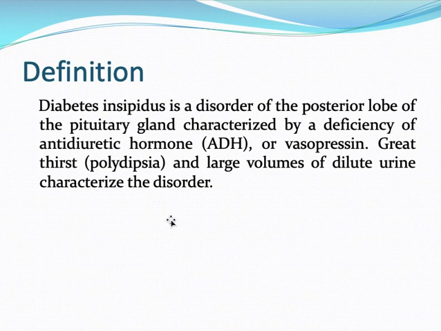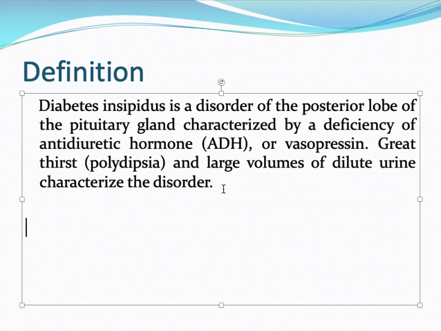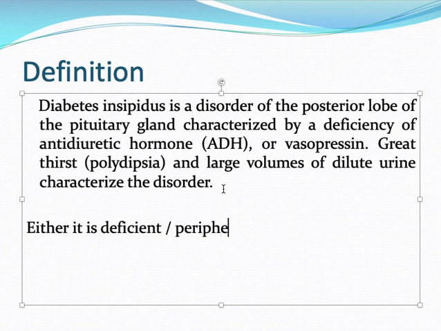So, whenever this hormone, antidiuretic hormone or vasopressin, is absent or deficient, or the hormone is there but the kidneys are not responding to it, or you can say there is peripheral resistance to the hormone, the condition which develops is called diabetes insipidus.